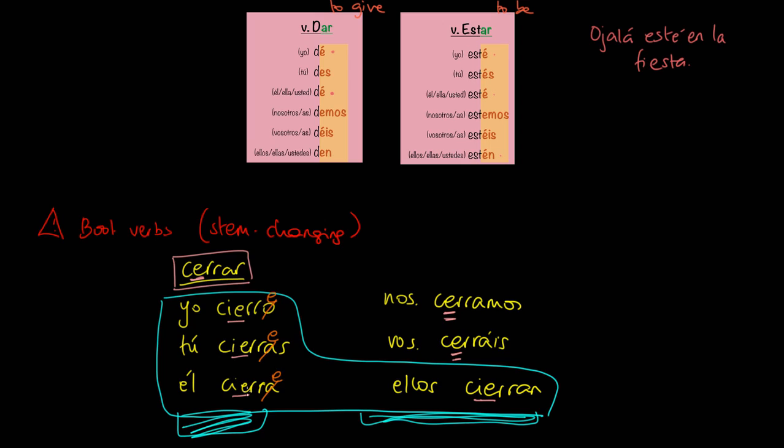That he or she closes, que él cierre. That we close, que cerremos, que cerréis, and que ellos cierren. Notice that this irregularity stays exactly the same. So boot verbs continue to behave exactly in the same way as in the present indicative.